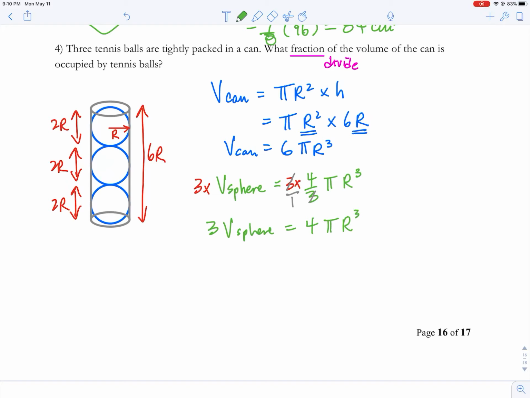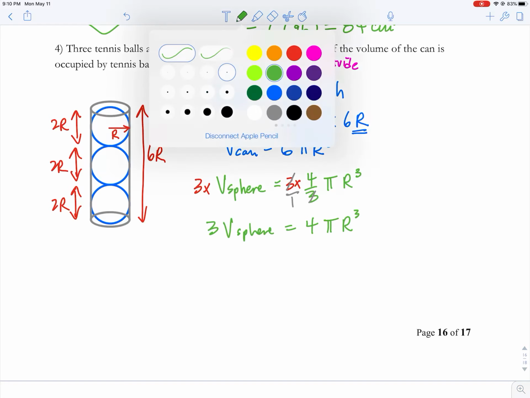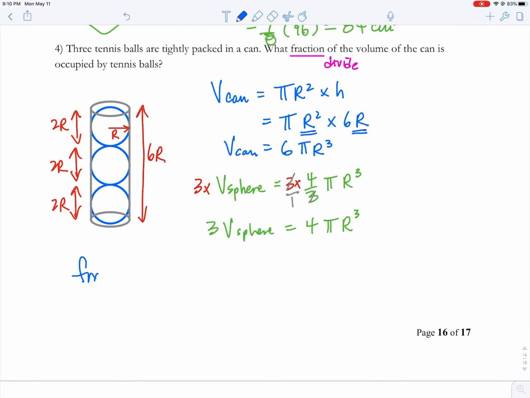And they asked us for the fraction. What fraction of the volume of the can is occupied by tennis balls? So this fraction they're asking for is going to equal the V of 3 spheres divided by the volume of the can. So 3 spheres we got was 4 pi r cubed.